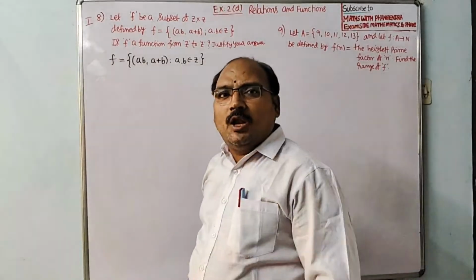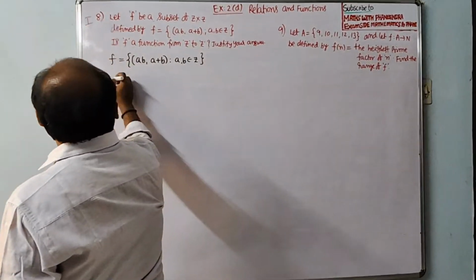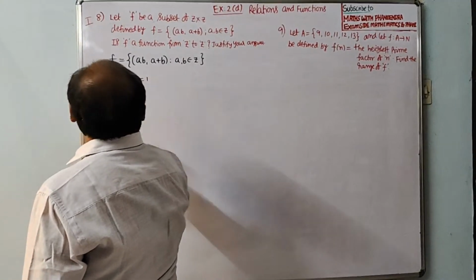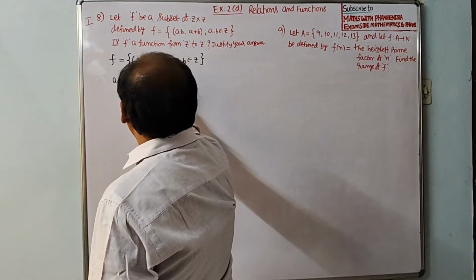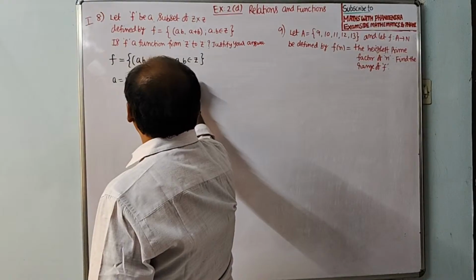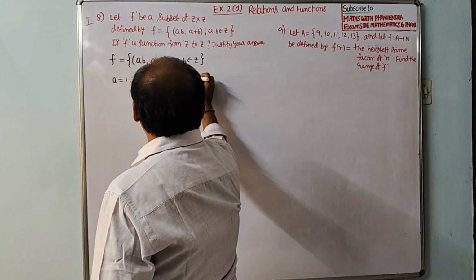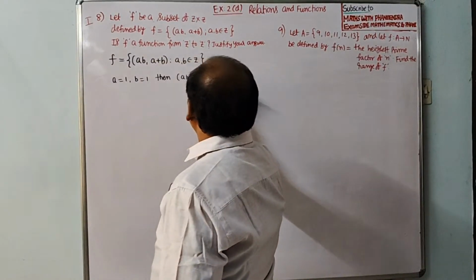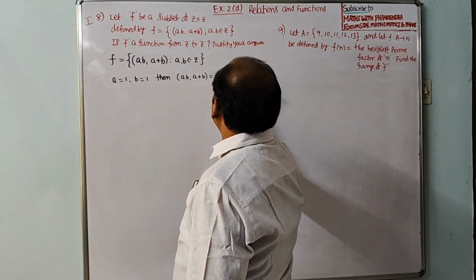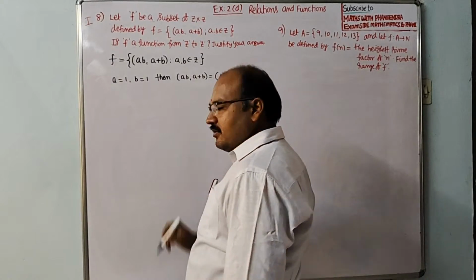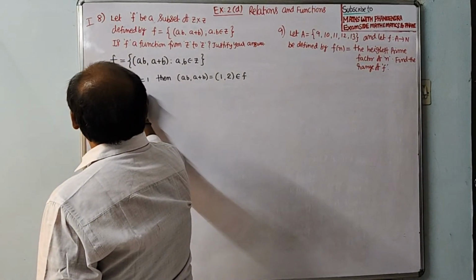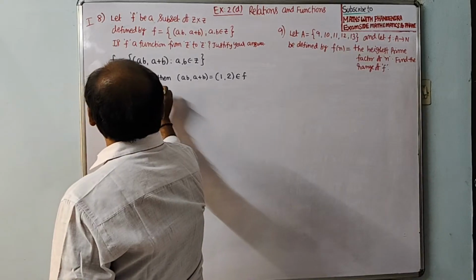For example, let A is equal to 1, B is equal to 1. Then the ordered pair (AB, A plus B) becomes (1 into 1, 1 plus 1), that is (1, 2), which belongs to F, obviously. Next, A equal to minus 1, B equal to minus 1.